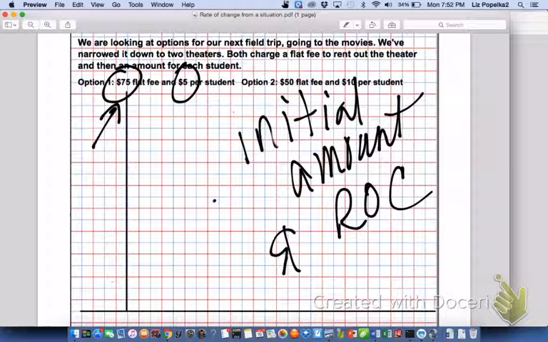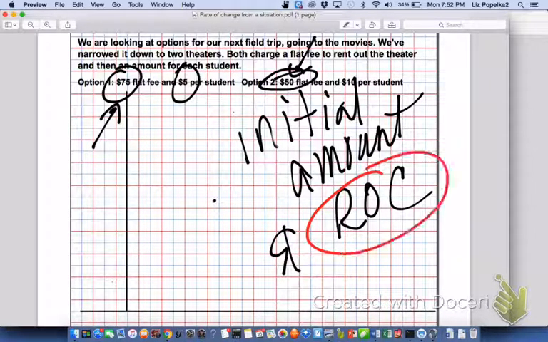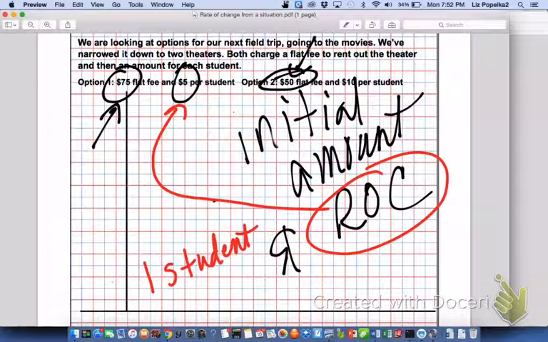Option number 2, the initial amount is $50 flat fee. Doesn't matter how many kids we bring, right away at the beginning, the fee is $50. And then rate of change, of course, means how much the total amount is going to change. Every single time we bring one student, option number 1 is going to change by $5.